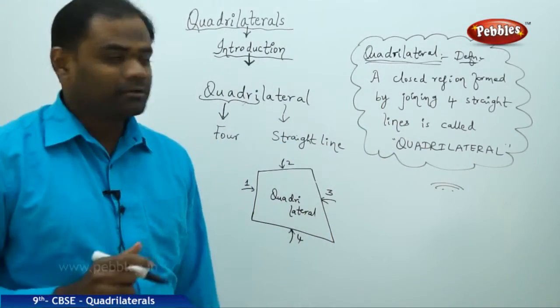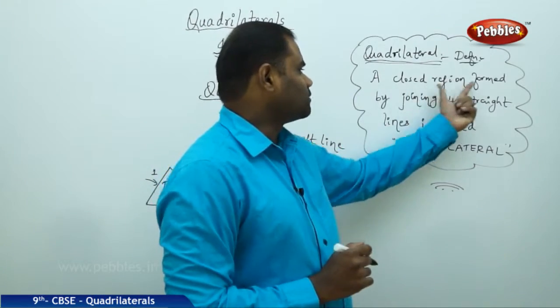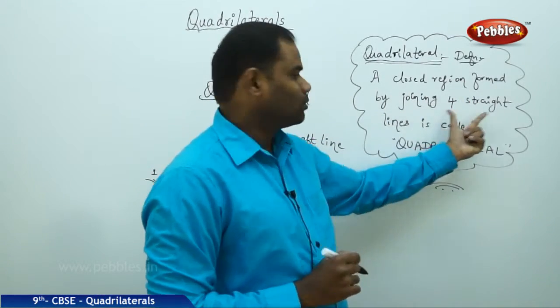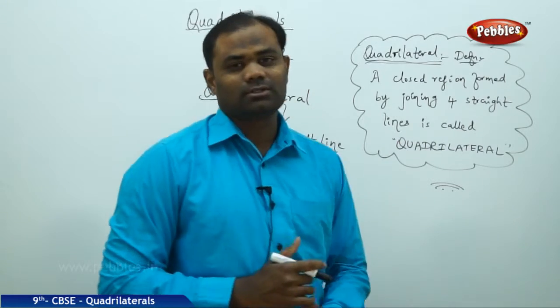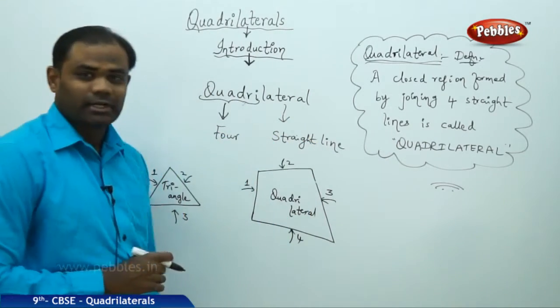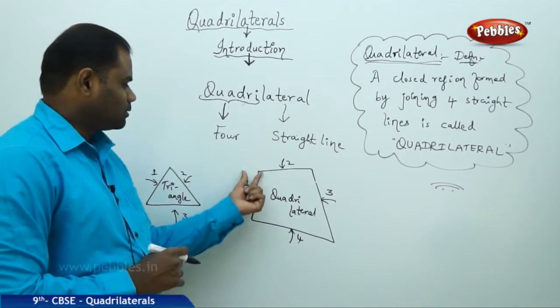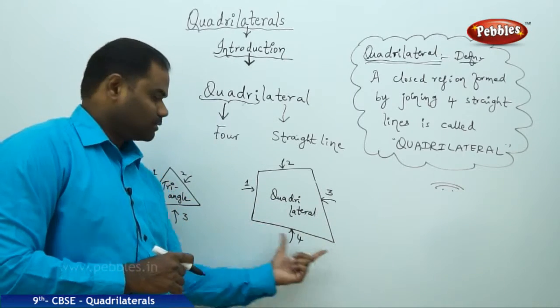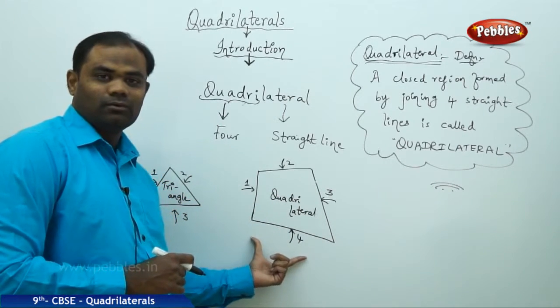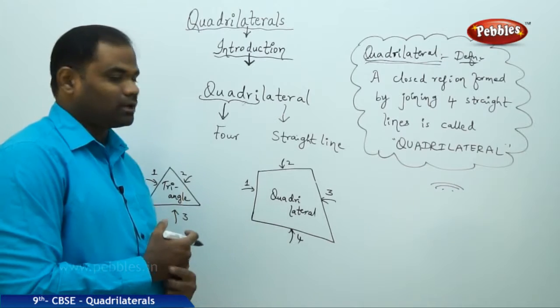A closed region formed by joining 4 straight lines is called a quadrilateral. The 4 straight lines being line 1, line 2, line 3 and line 4 are closed to form a quadrilateral.